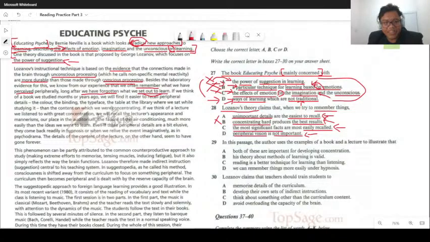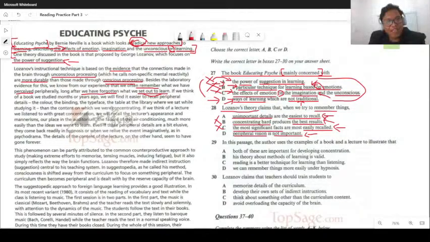Because it says here, we start to remember what we kind of see comprehensively long after we have forgotten what we set out to learn. So it's actually not the most significant, right? So there is a very likely chance that C is incorrect because that's contradictory. Peripheral vision is not important. It doesn't say that. It doesn't say peripheral vision.